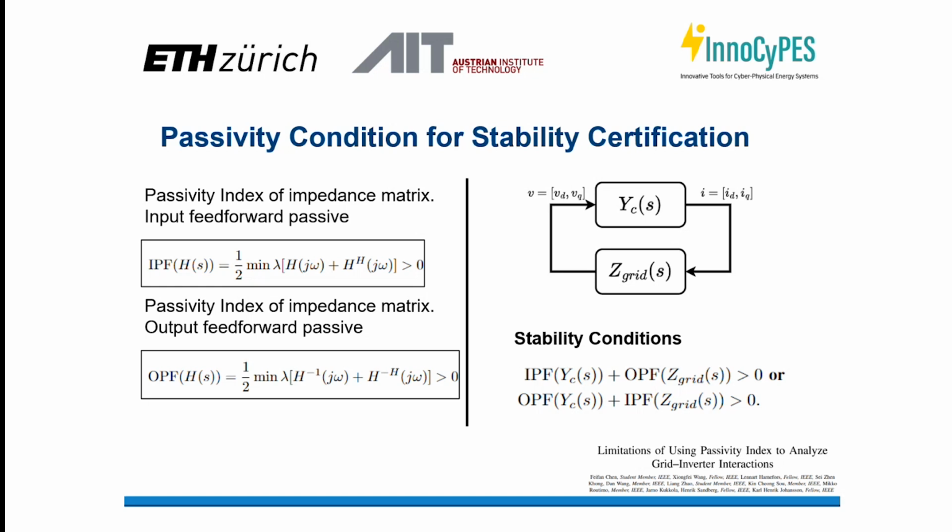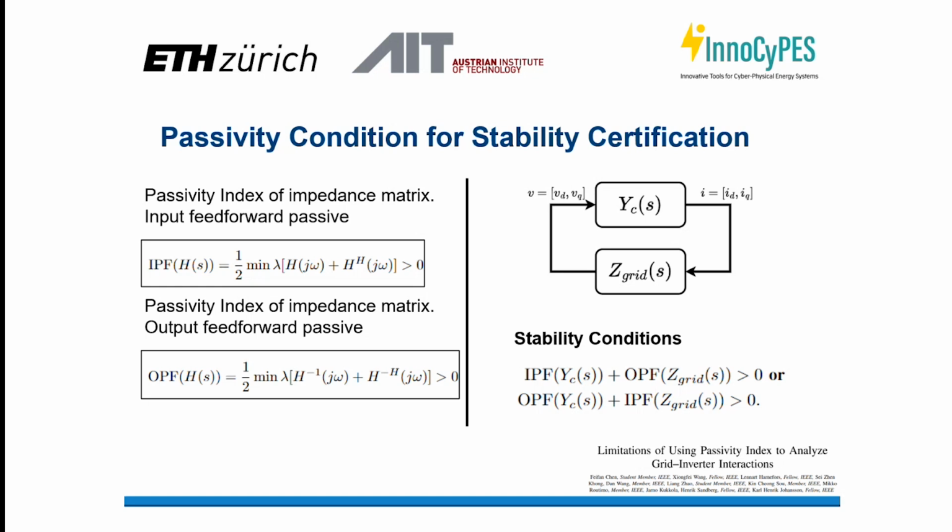And something interesting that I can say here is that if the admittance of the converter doesn't meet the condition, it doesn't mean that the feedback loop is not positive. What the condition says is that the sum of them both should be greater than 0.